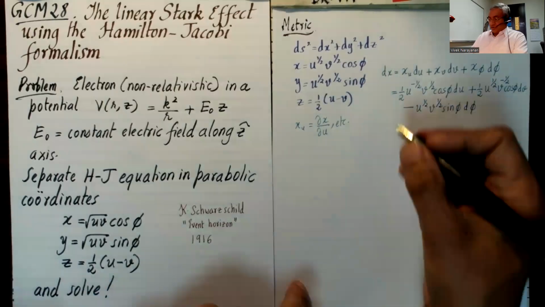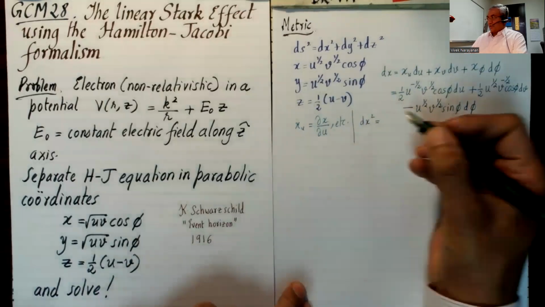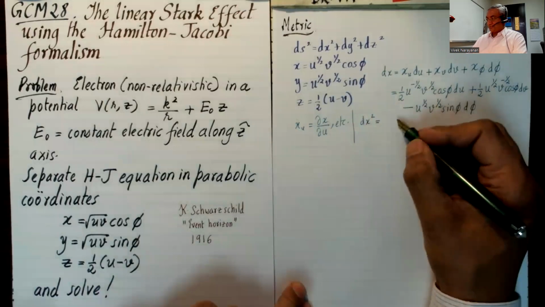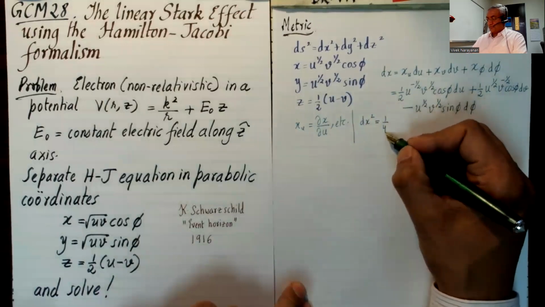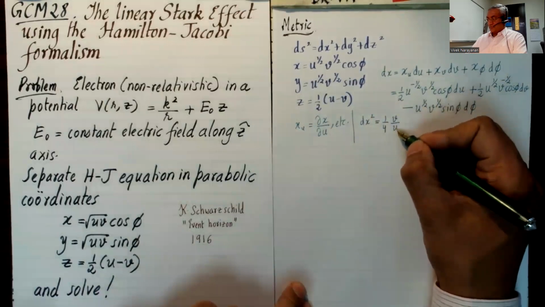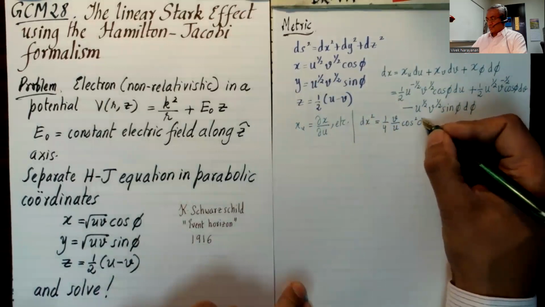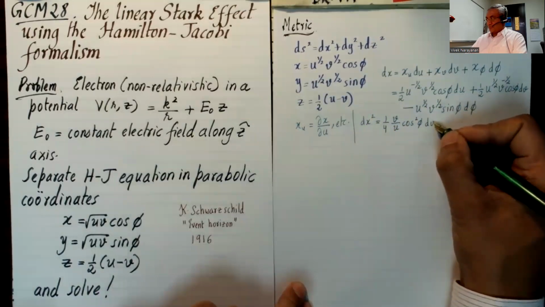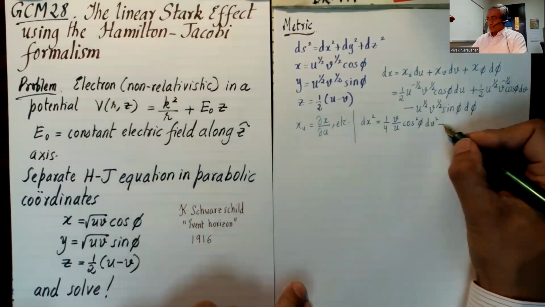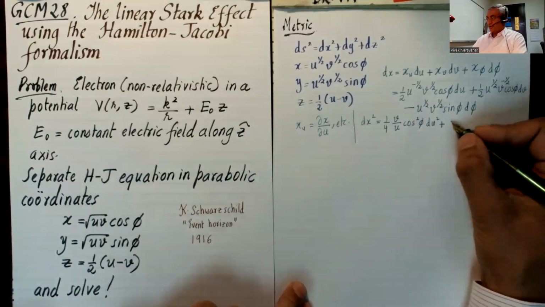Now let me square it. So when I do dx squared, then I have to square this one.